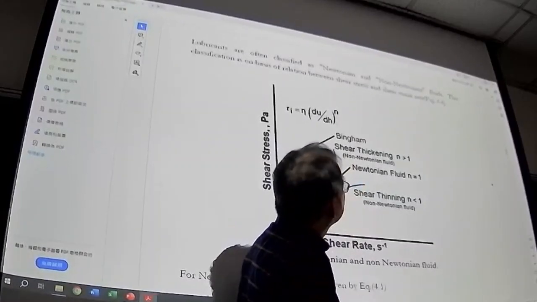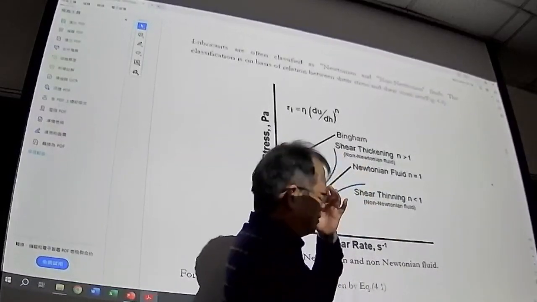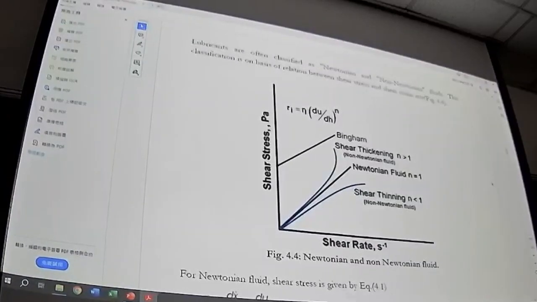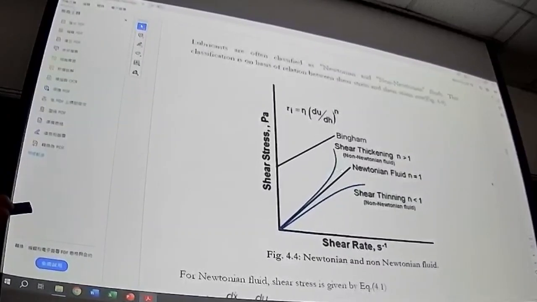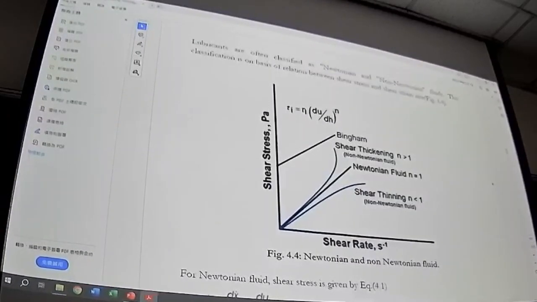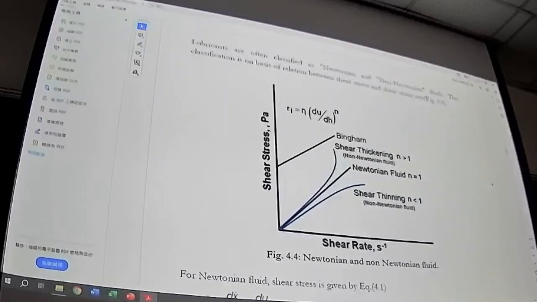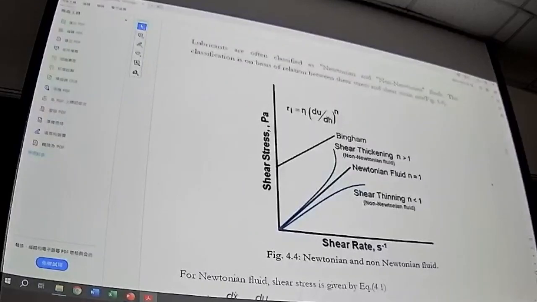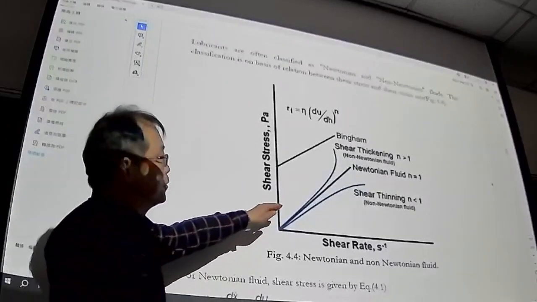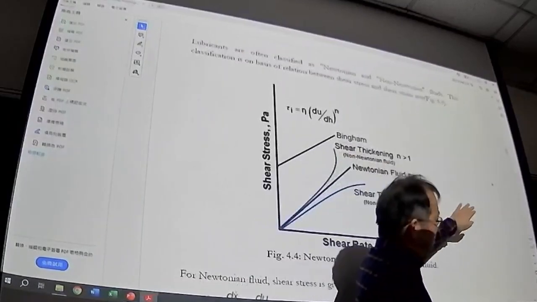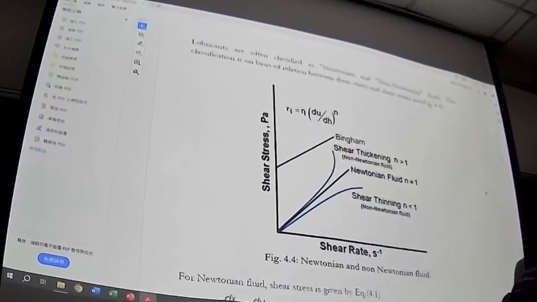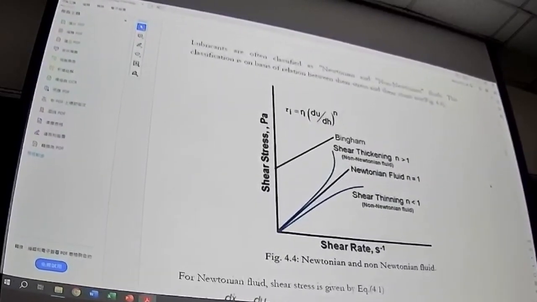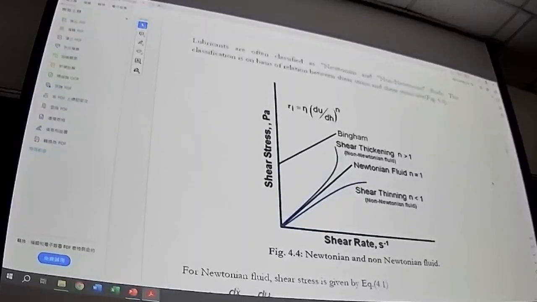For us, usually in your fluid mechanics in undergraduate, we discuss the Newtonian fluid, like the ordinary oil liquid or water. So they are Newtonian fluids, and they satisfy this. So in your fluid mechanics, you have this formula.